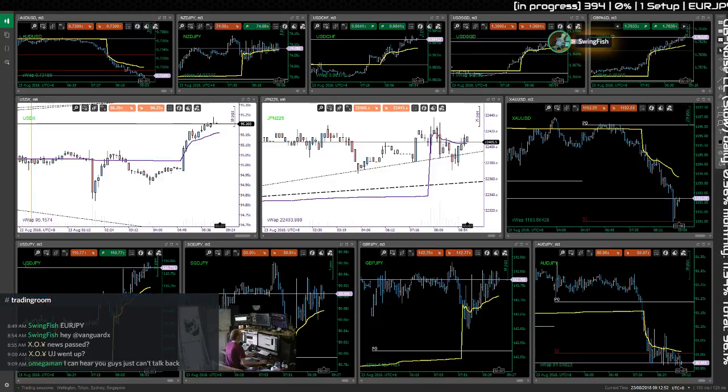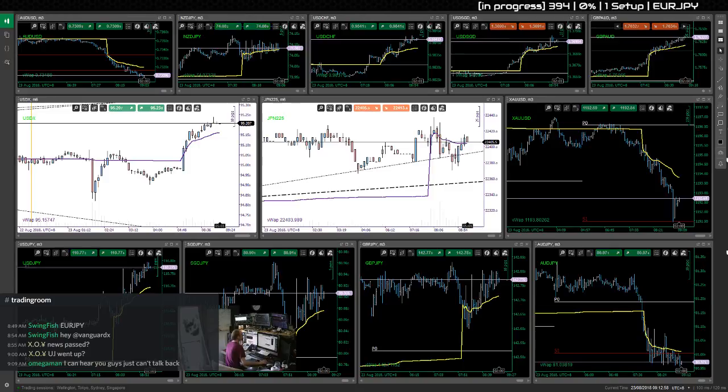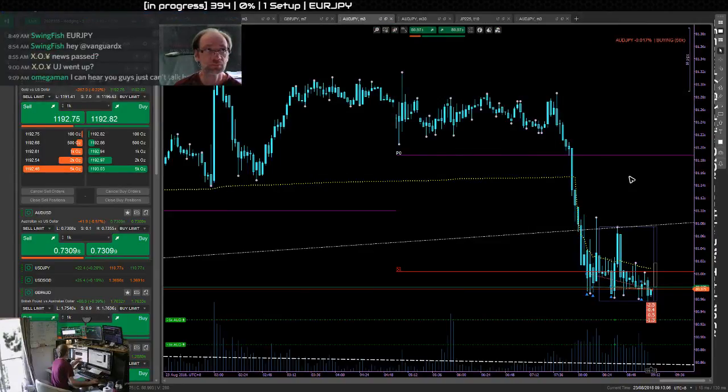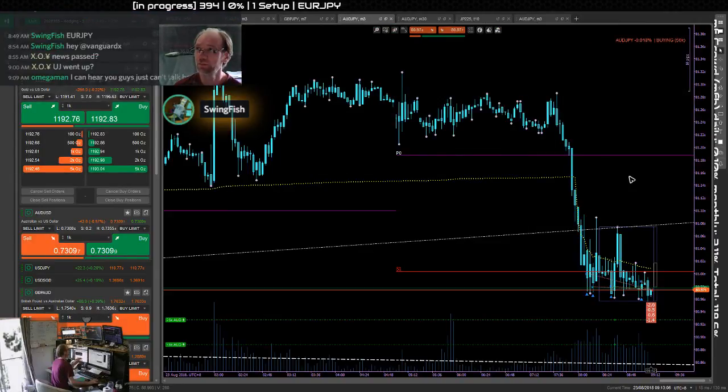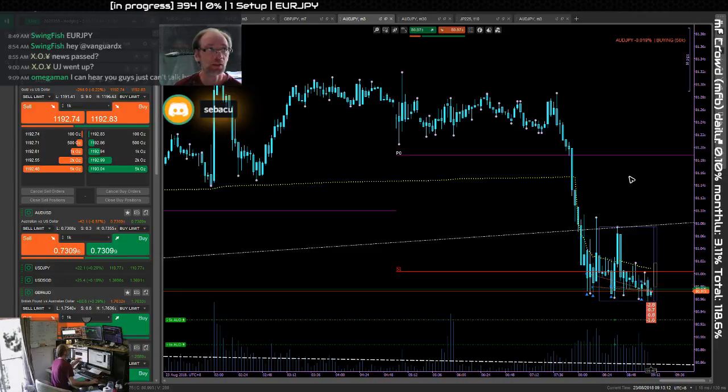Yay, I'm net green. No, cross green, not net. Yeah, Nikkei is going down a little bit. So yen should drop.